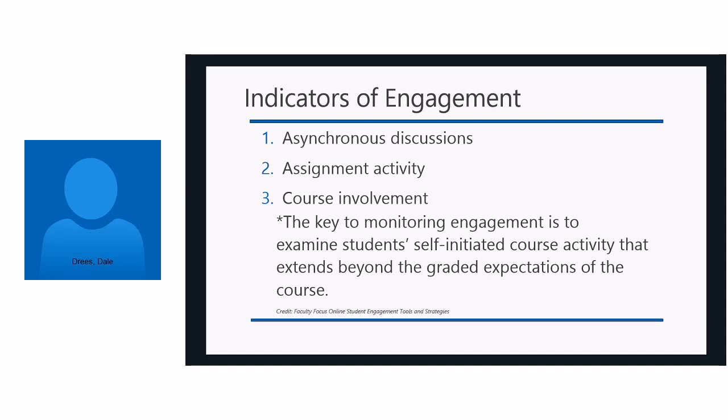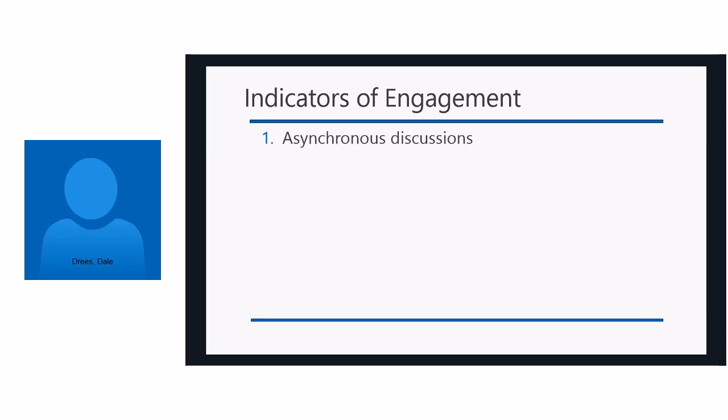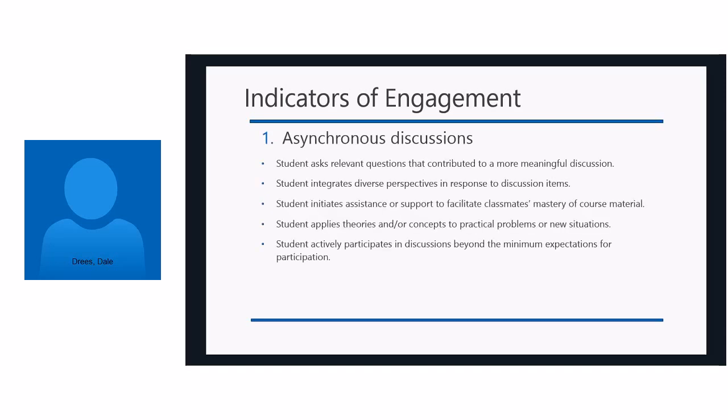So let's go to the first one, the asynchronous discussion. On the indicators of the asynchronous discussions, we've all been in discussion boards where you could tell right away if somebody's being engaged in the discussion. They are posting and responding.